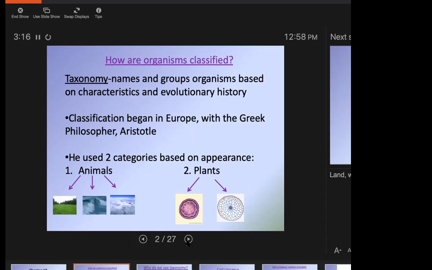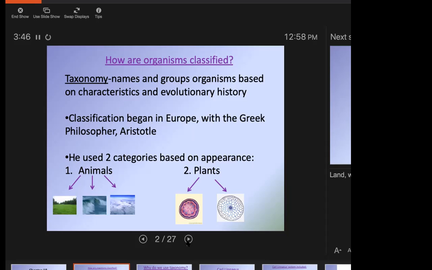he didn't do a great job. Okay, he basically put everything into two groups: animals or plants, and then he classified them based on where they lived. So he would say like, these are flying animals, and then that would be a group. Okay. Now the issue with that is there's a lot of things that say live in the ocean that are not closely related at all. So for example, whales and sharks, they both live in the ocean, but one is a mammal and another is a fish.